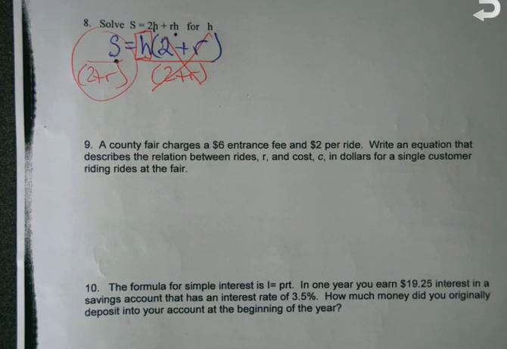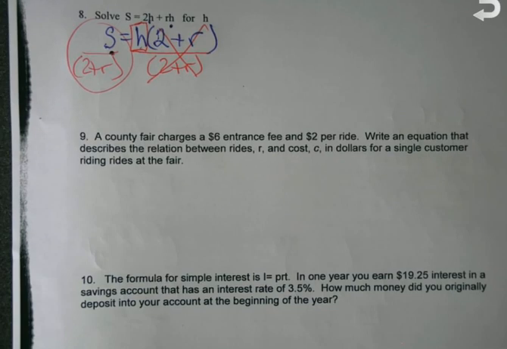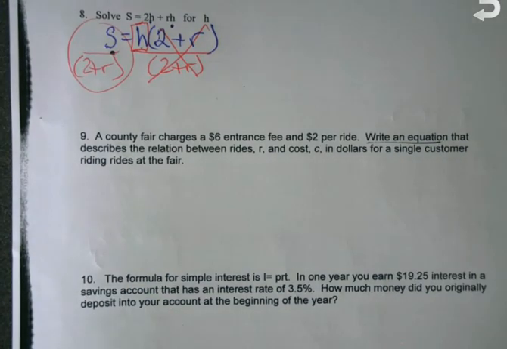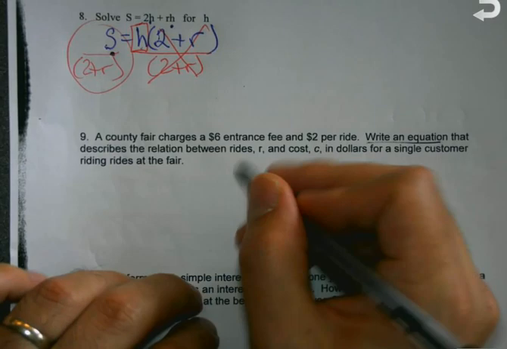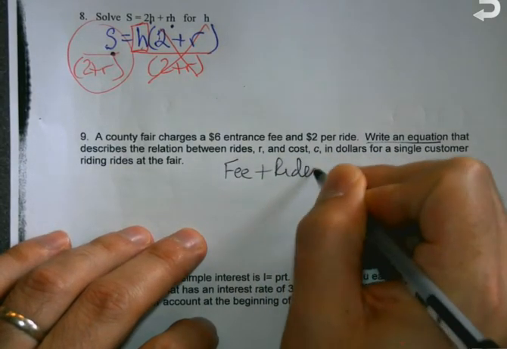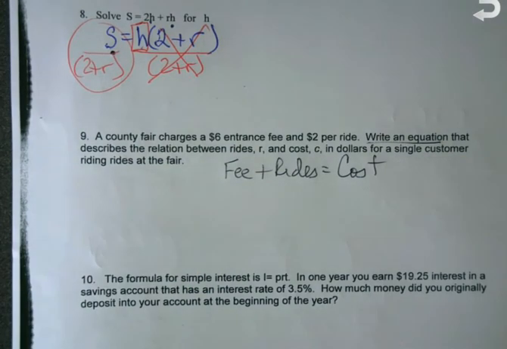And then we always have to put in one easy one and one that might have a little more complexity to it. Here, write an equation. All you have to do: fee plus ride equals cost. Now, do you have to do that? No. If it helps you to actually make the math equation you need to do it, absolutely.